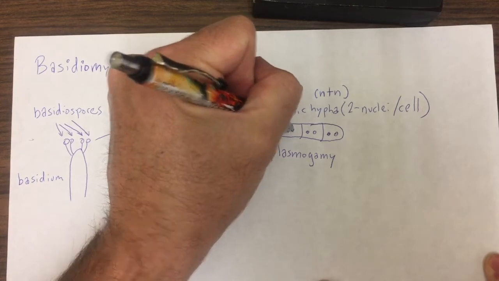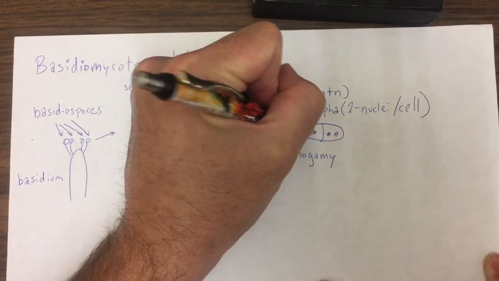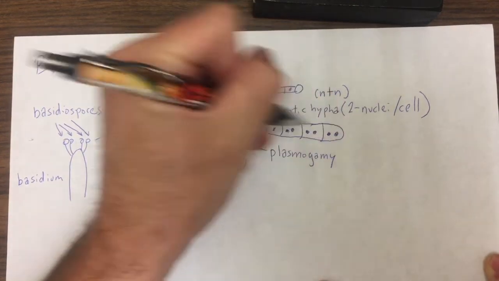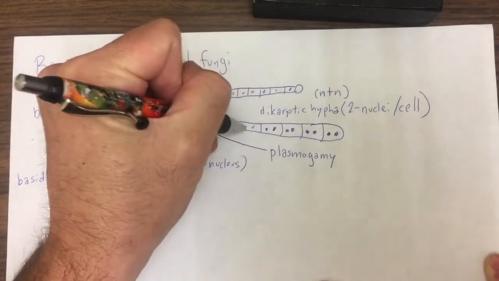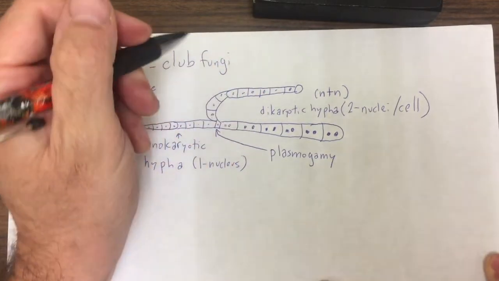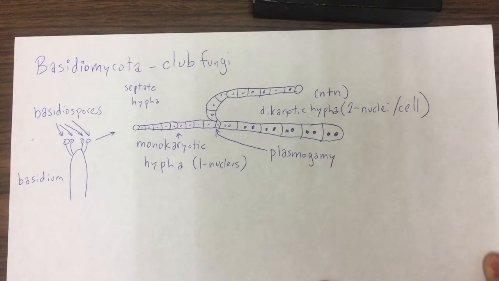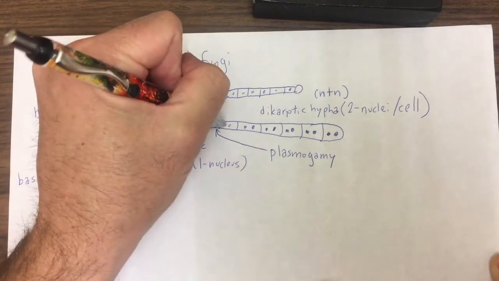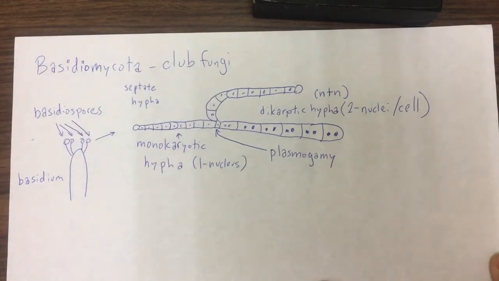So both of these nuclei are acting independently, transcribing and translating proteins. They may be genetically distinct from each other. That's the typical case. Maybe they're genetically identical, is less often the case. But these dikaryons can exist for a very long time before they do anything else.